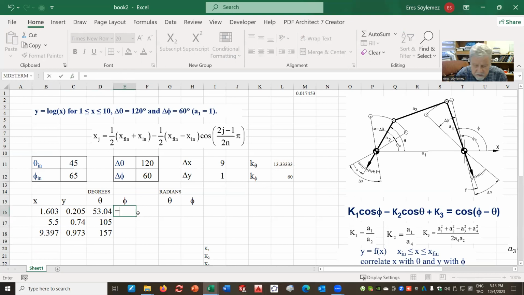Phi is equal to phi initial F4 plus k phi F4 times y. The reason I'm not putting parentheses and saying y minus y initial is because y initial is 0.